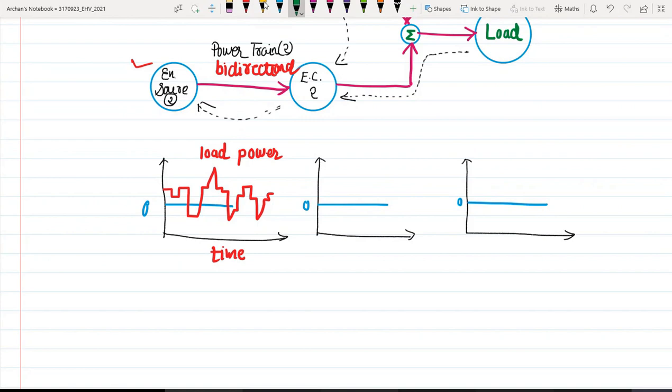Similarly, if I talk about the average power, definitely the average power will be constant throughout the time. We are finding out the constant value, and the dynamic power may again have some fluctuations like this.